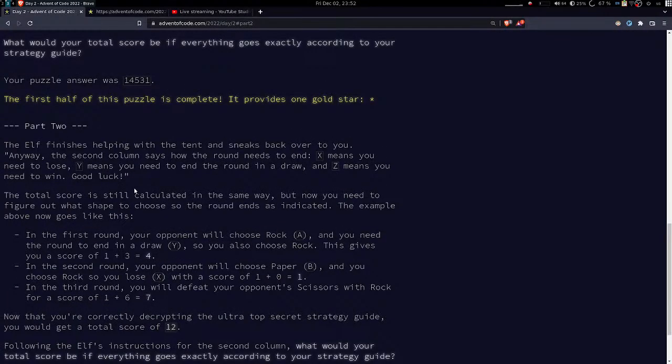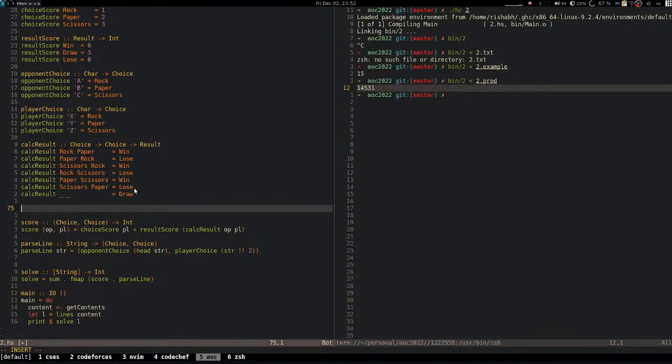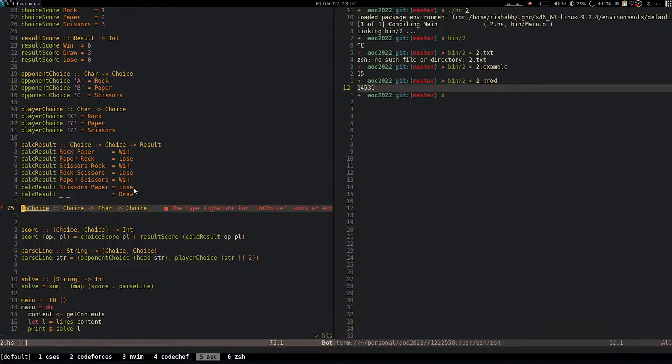Now it goes like, two choice: we take a care and we return a choice. We take the choice of the opponent, and first we need to result.